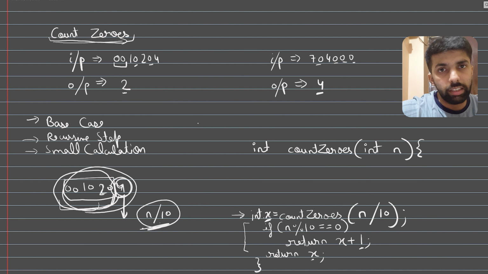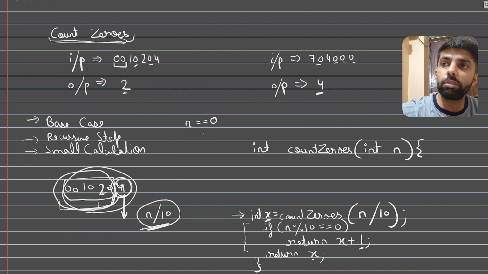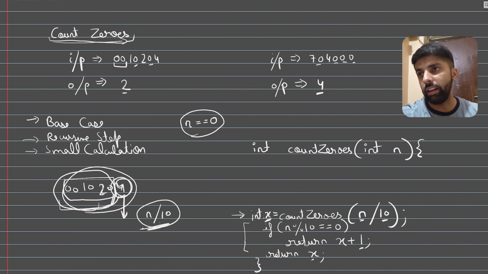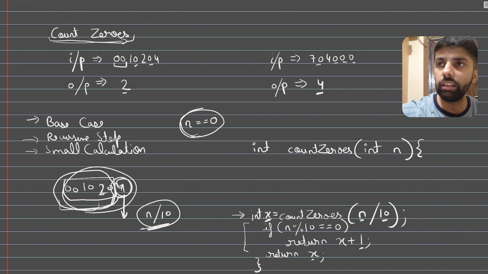Now notice that if I write n equals 0, because eventually if I keep dividing by 10, my number will eventually be 0, right?